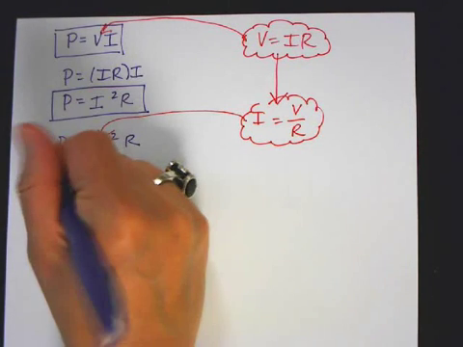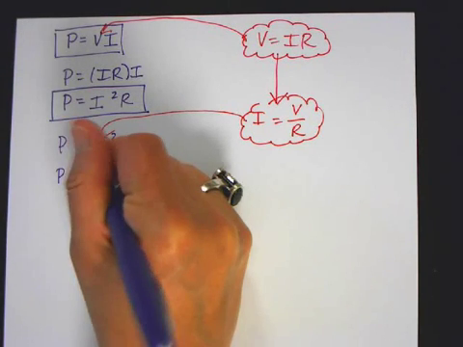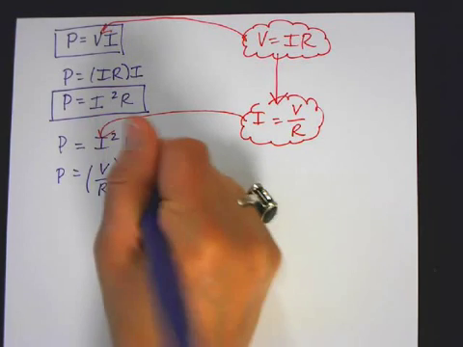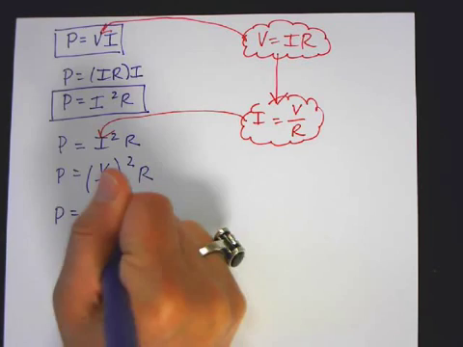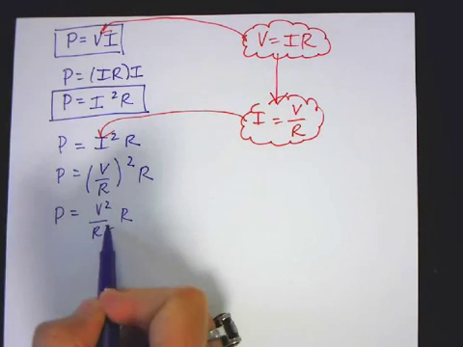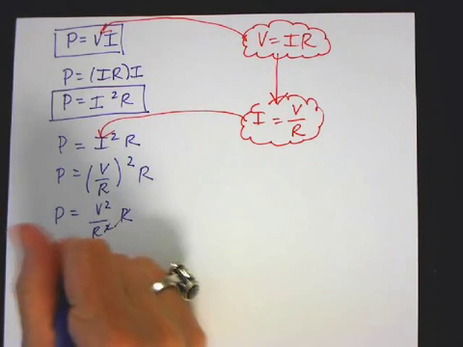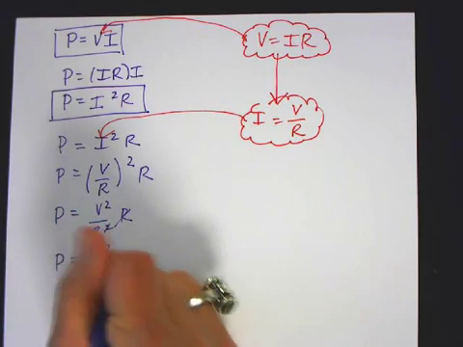So I have power is equal to V over R, squared, times R. So power is equal to V squared over R squared, times R. And then this cancels with that. So I also have that power is equal to V squared over R.